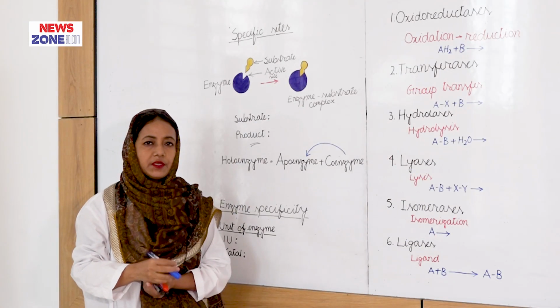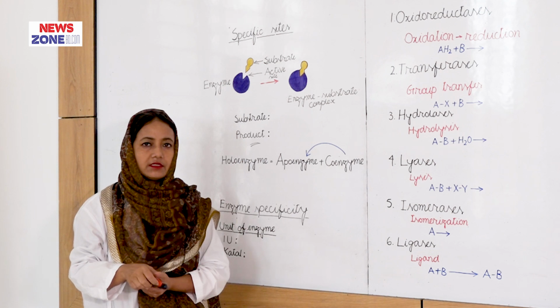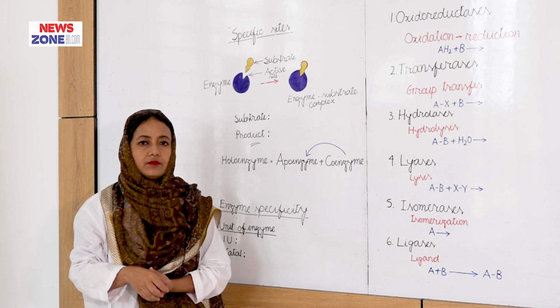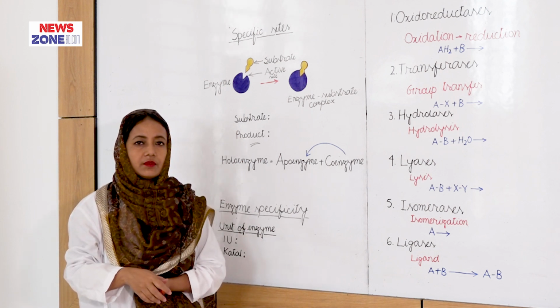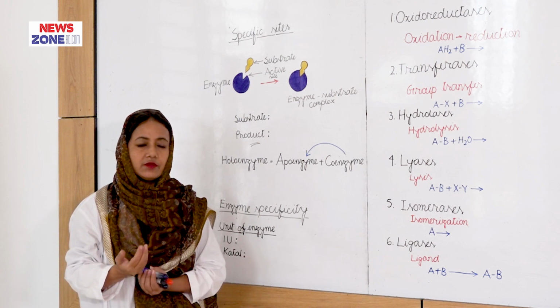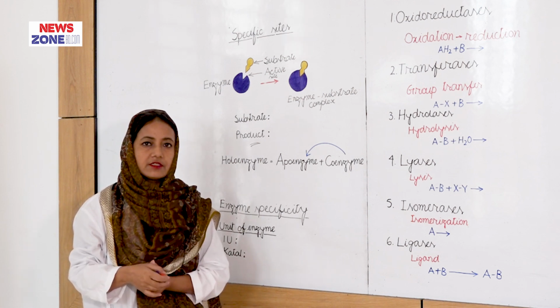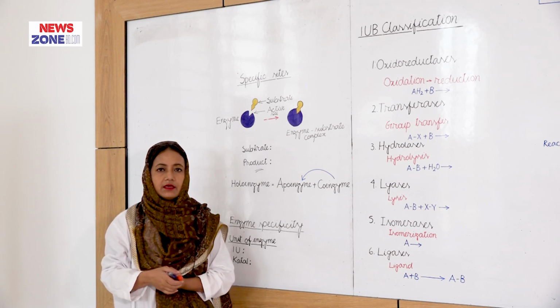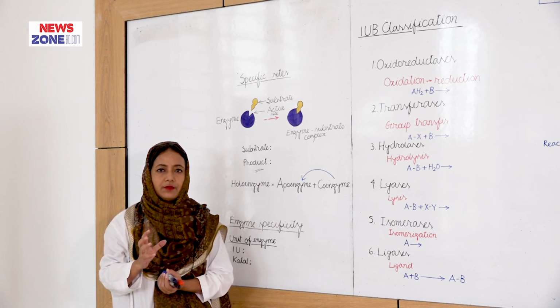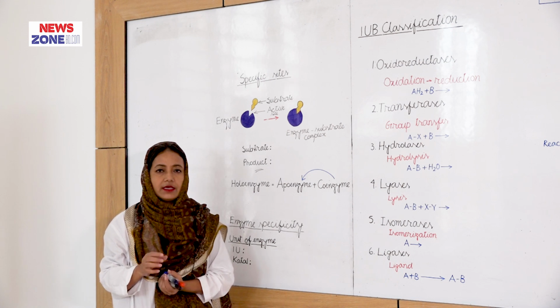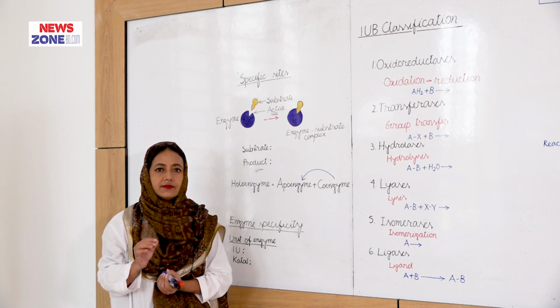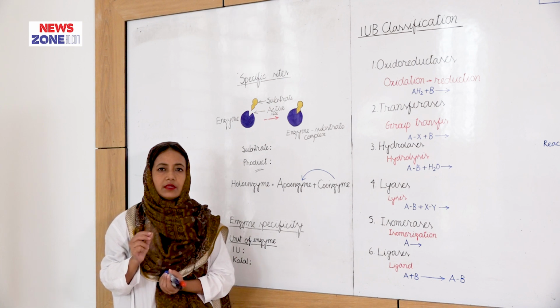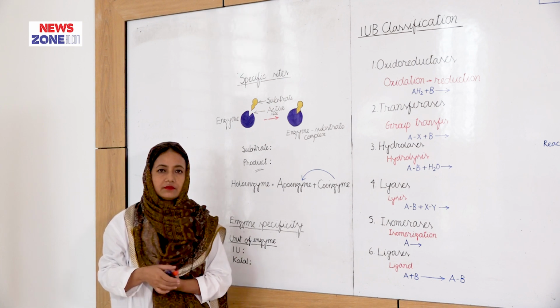Enzymes are specific in their action. There are three types of specificity: substrate specificity, stereospecificity, and reaction specificity. Stereoisomers are substances that have the same molecular formula but different spatial configuration, and each enzyme can catalyze a particular isomer.